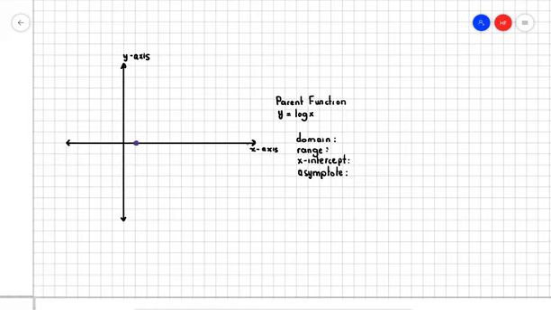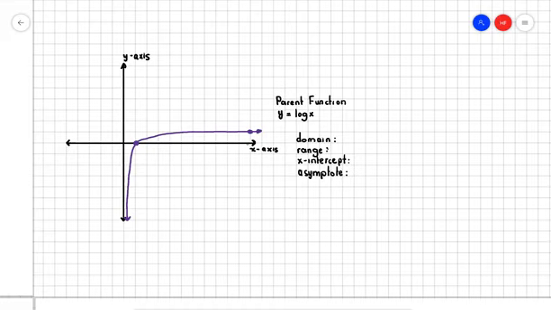We have a point at 1, 0, and then we have a point at 10, 1. So it goes this way, and continues up, and then we have an asymptote that is the y-axis. So it does kind of curve.